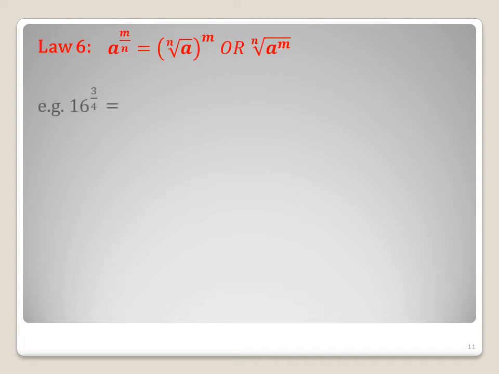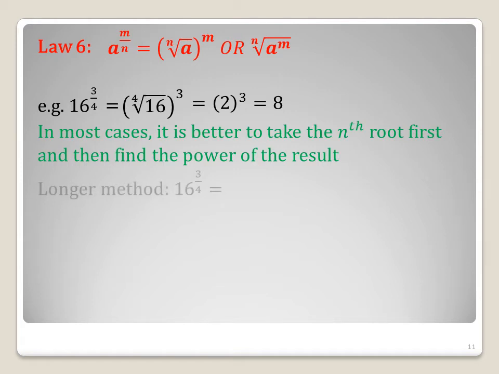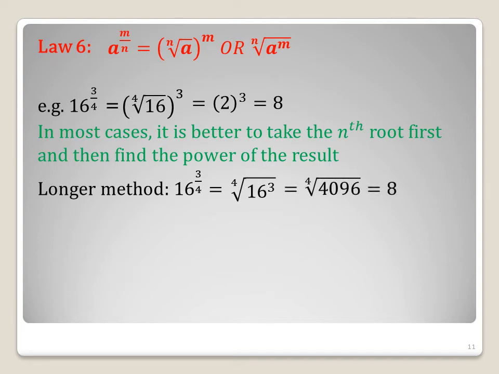For example, 16 raised to the power of 3/4 equals 2 raised to the power of 3, which is equal to 8. Note, in most cases, it is better to take the nth root first and then find the power of the result. Alternative method. You find out that for larger numbers, it takes time.